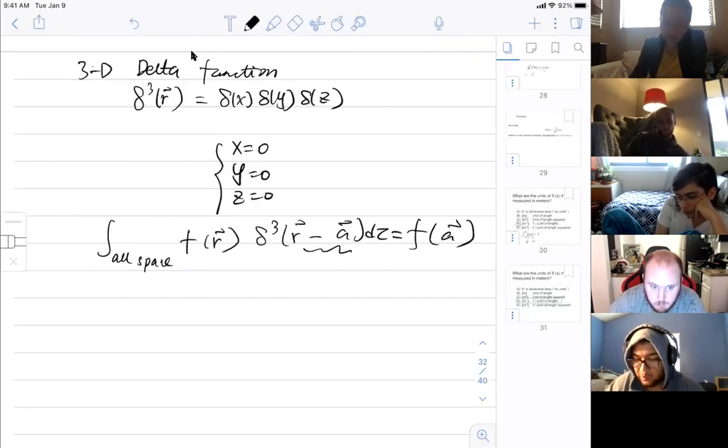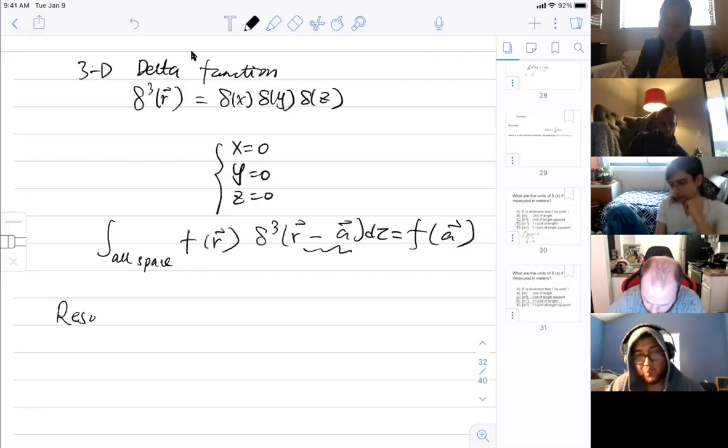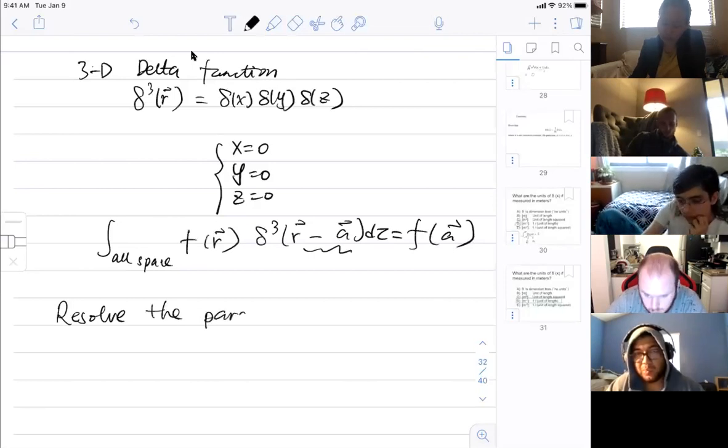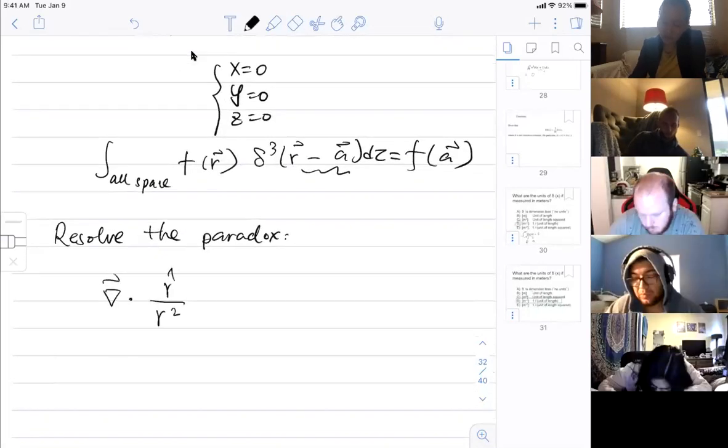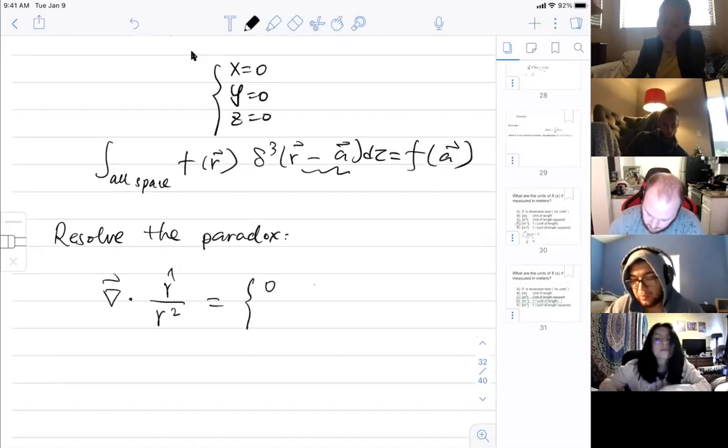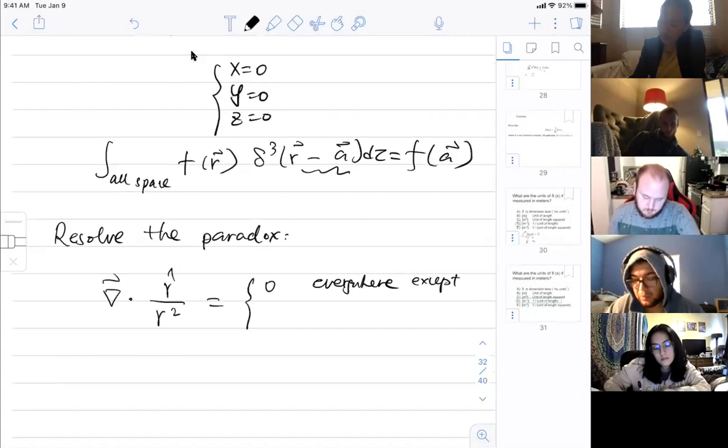So let's see how it's going to help us resolve the paradox by now having the tool of delta functions. You can see the behavior of this 1 over r squared r hat is 0 everywhere. The divergence is 0, as we have just calculated, except at r equals 0.